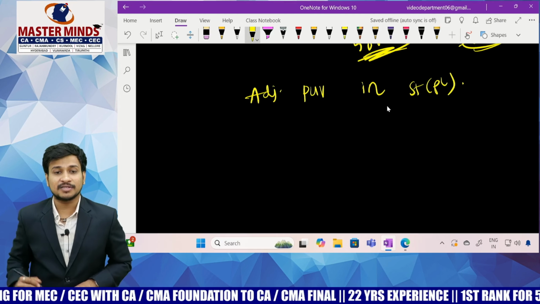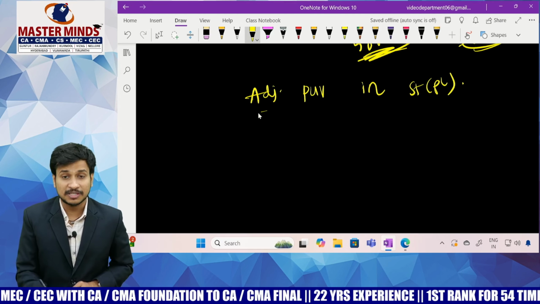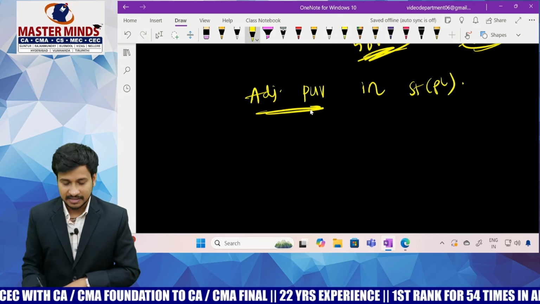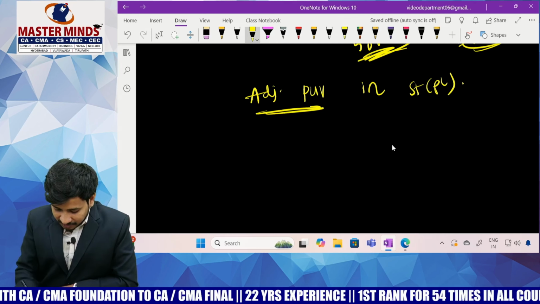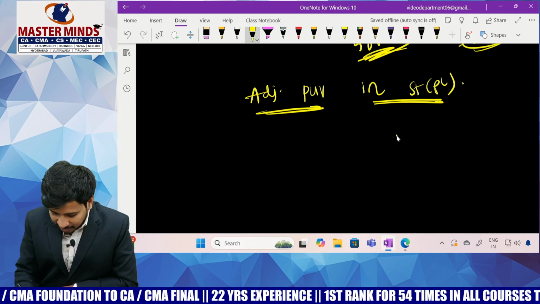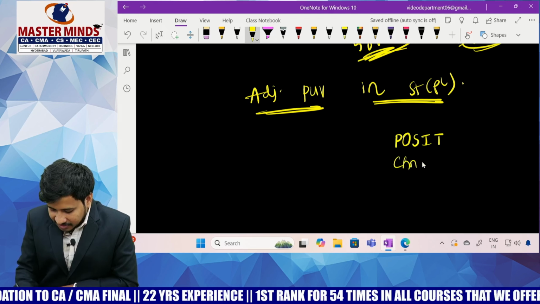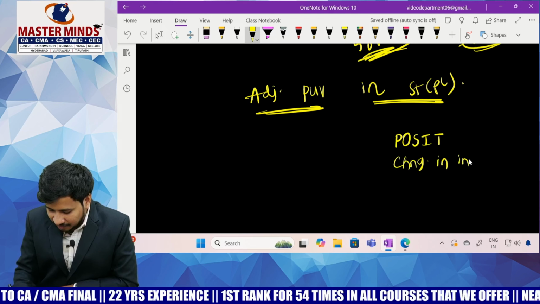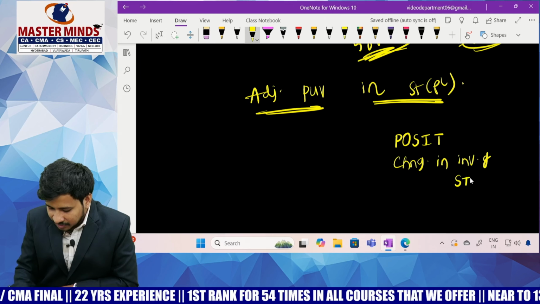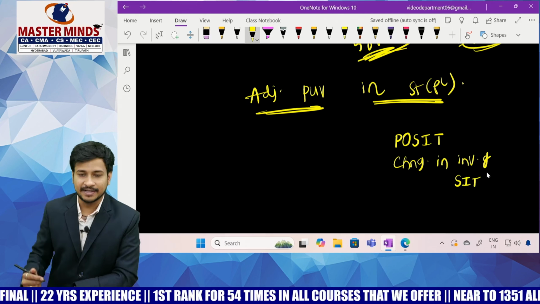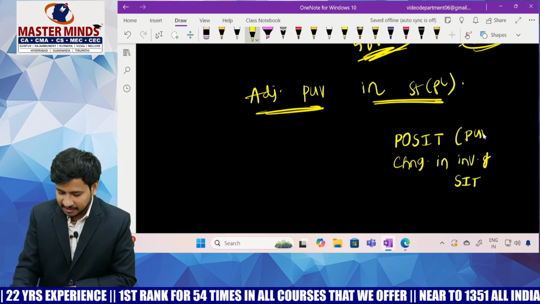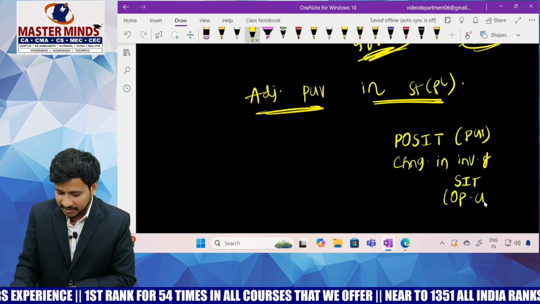So to the max extent of possibility, you are supposed to separate two items. Listen very carefully. With respect to purchases in statement of P&L account, you are having purchase of stock in trade and one more item, changes in inventories of finished goods, work in progress and stock in trade, which implies that this is net purchases and this is opening minus closing.